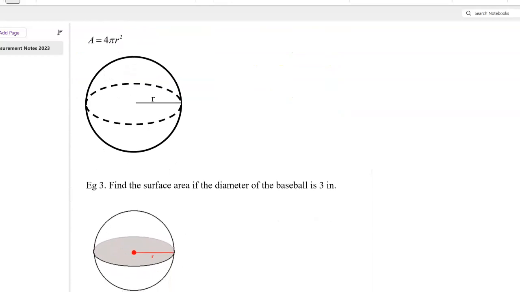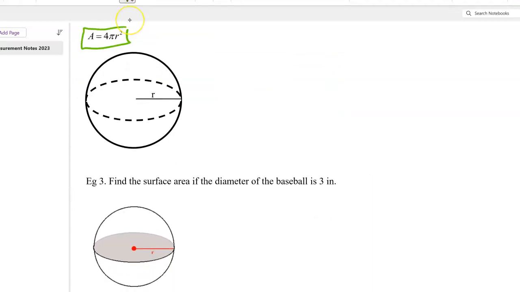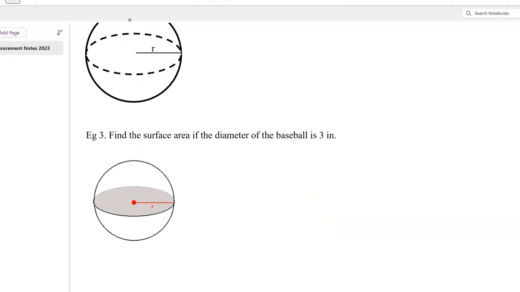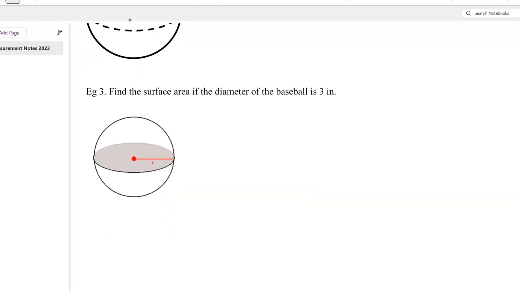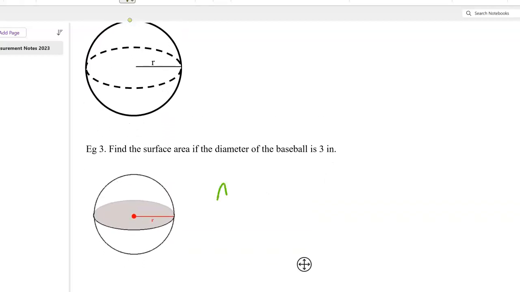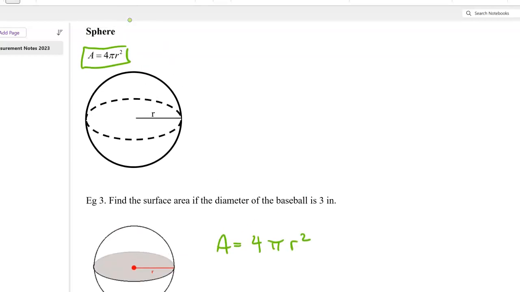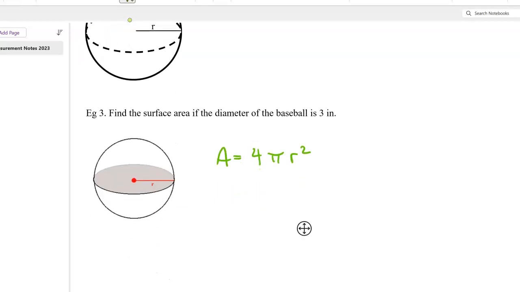Okay, next formula you'll need to know, probably the easiest one, and I mean that: the area of a ball or a sphere. If you recognize that it's a sphere, you just have to use the formula, 4 pi r squared. The squared gives you the hint that it's surface area, because every time we do area, we always find squared.